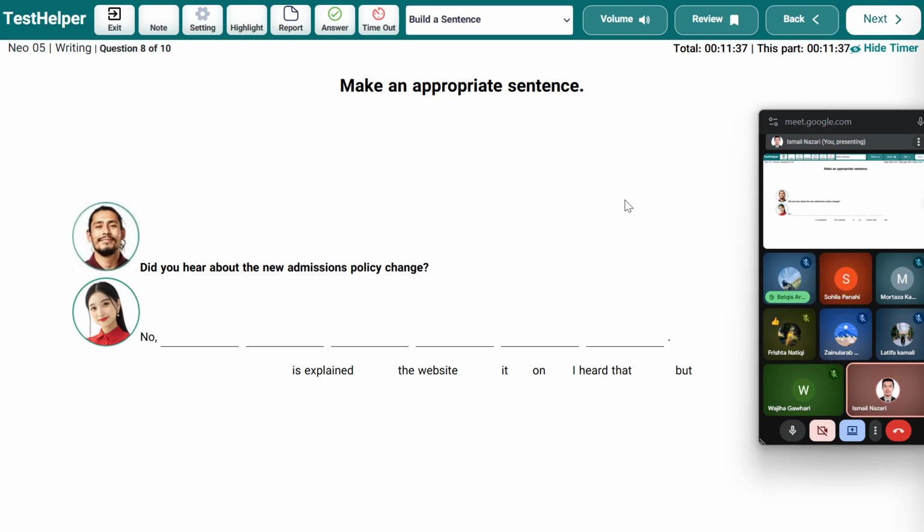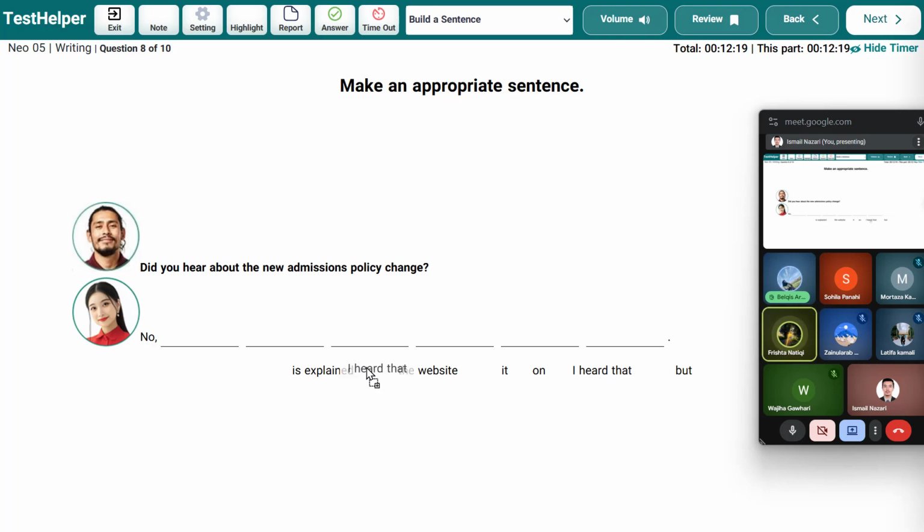Next, did you hear about the new admissions policy change? So it is again a yes/no question. No, but I heard that it is explained on the website. Teacher, you can say like this.